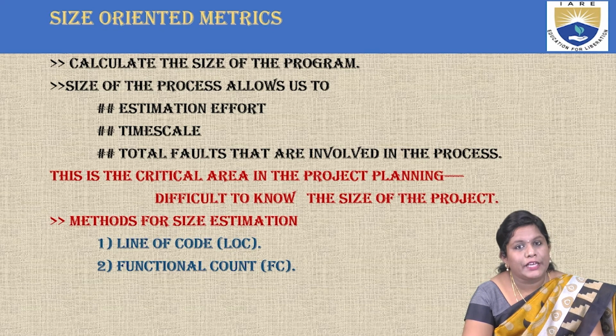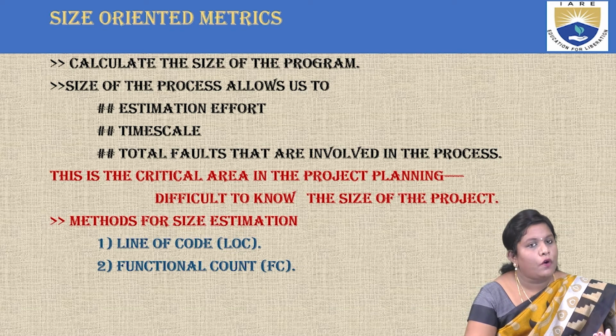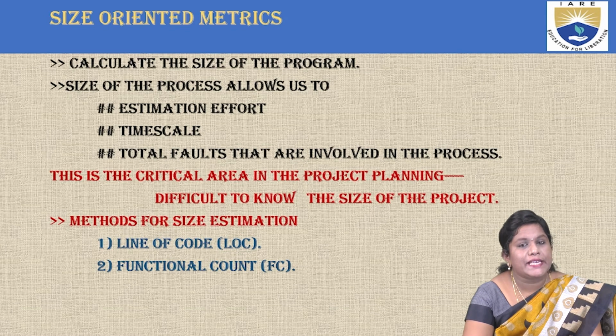To elaborate, we need to study the lines of code and the functional count. I repeat, we need to calculate the lines of code or the function count. In short, it is termed as LOC or FC. These are the various methods involved to estimate the size of a program or a project.